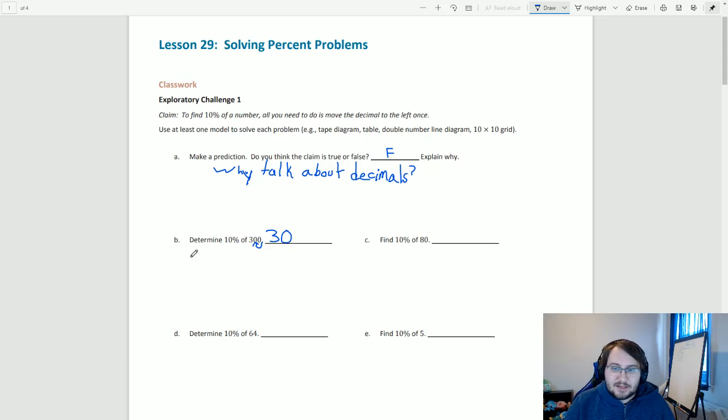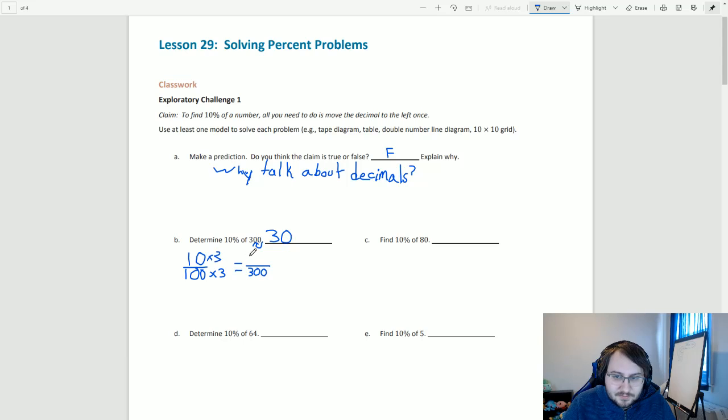10% of 300, well, 10% is going to be 10 out of 100. And since it's of 300, that 300 needs to be my whole, so that goes in the denominator. That's super easy. To get from 100 to 300, I need to multiply by 3. So 100 times 3 gives me 300. Well, I'm going to need to do 10 times 3.